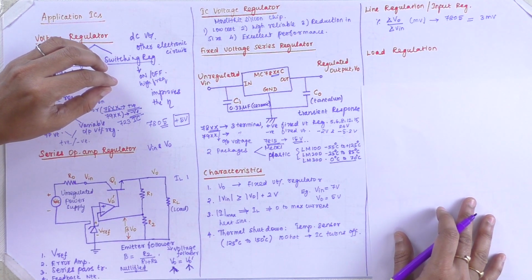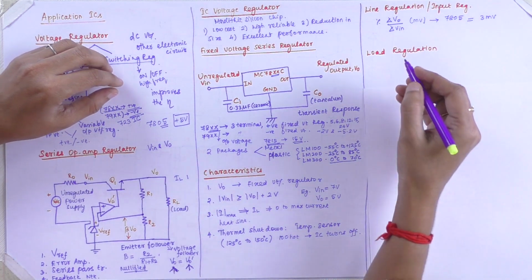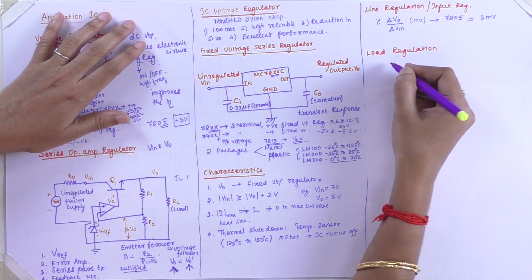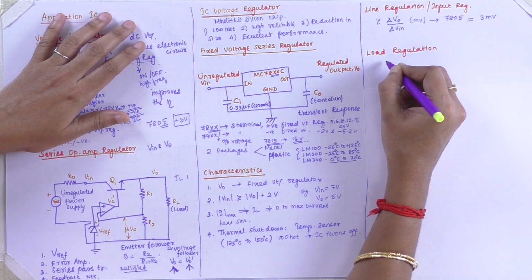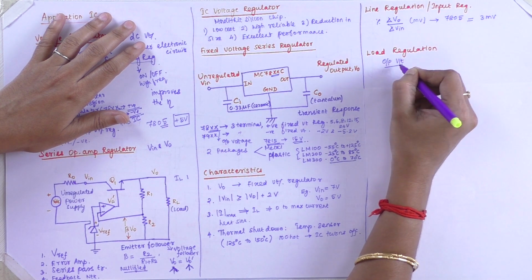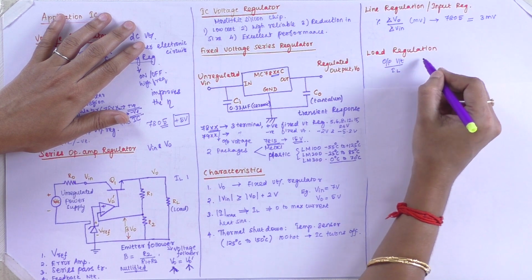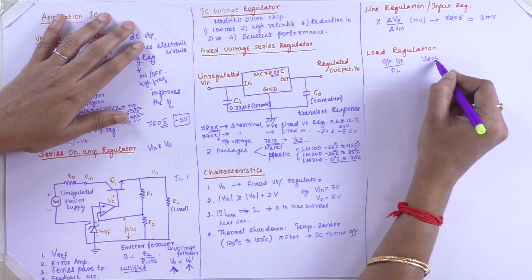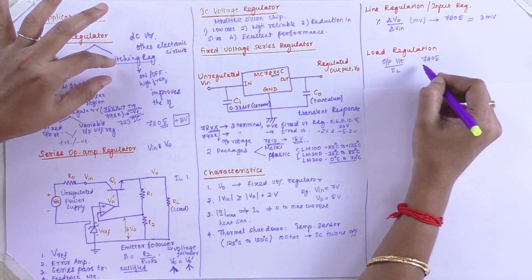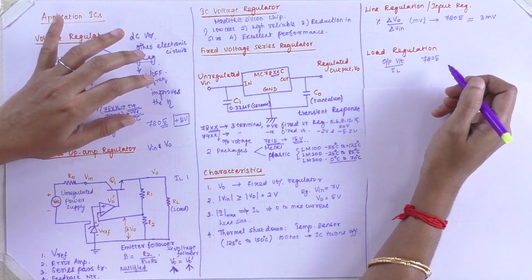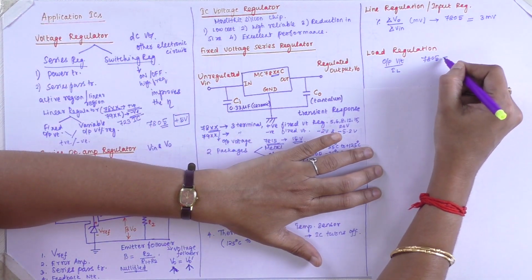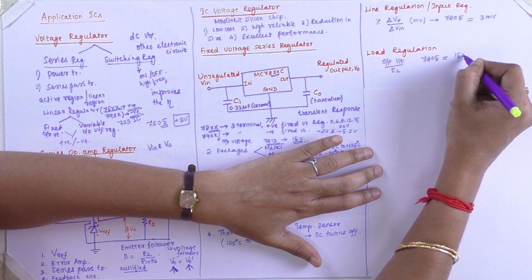Load regulation is defined as the change in the output voltage to the change in the load current. For this 7805, it should be expressed in millivolts, and it can withstand 15 millivolts.